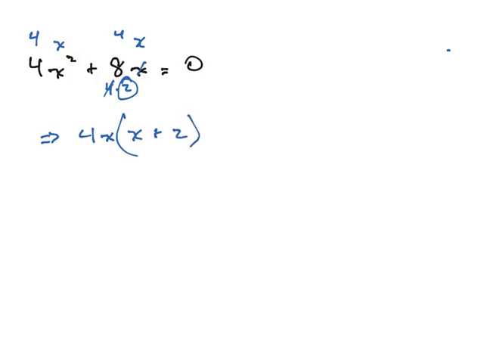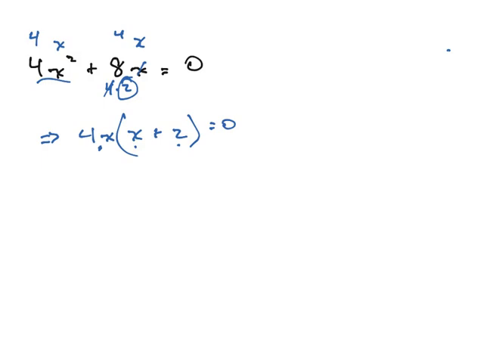So 2. And that equals 0. And then just to confirm, make sure we did it right, 4x times x is 4x squared, and 4x times 2 is 8x. So yeah, it's the same thing. So I just factored everything that's in common outside.